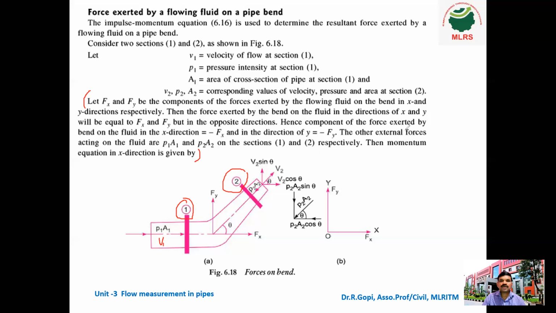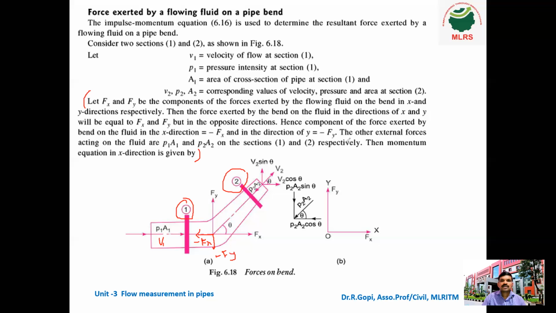Hence the component of the force exerted by the bend on the fluid in the x direction is minus Fx, and likewise minus Fy in the y direction.